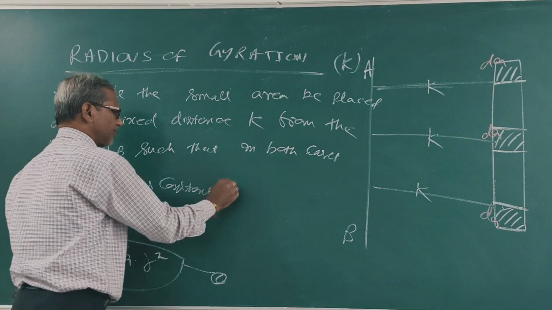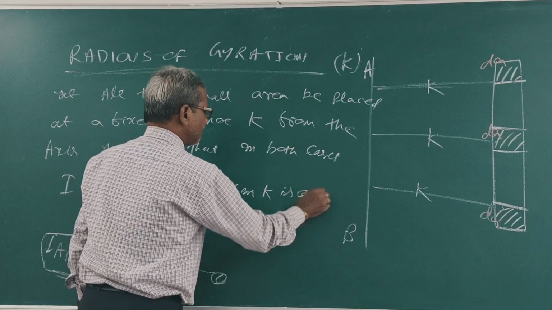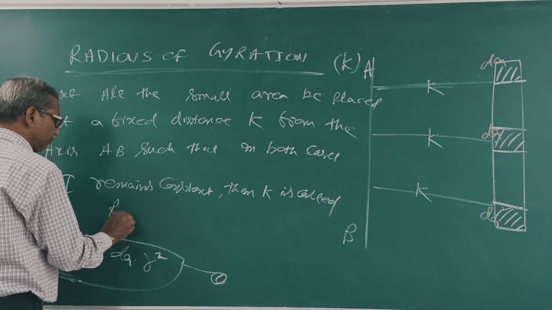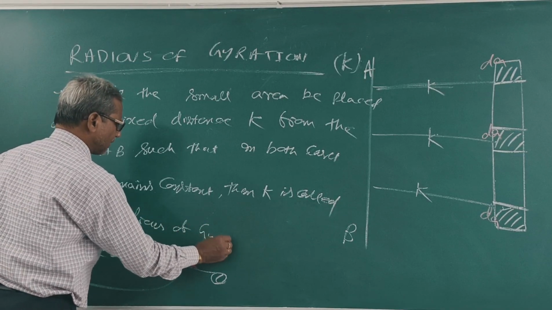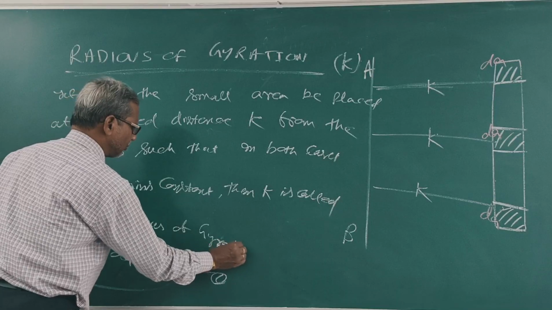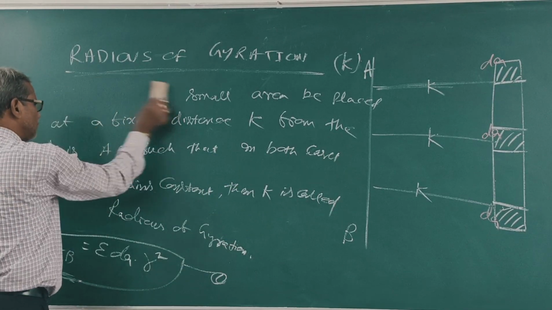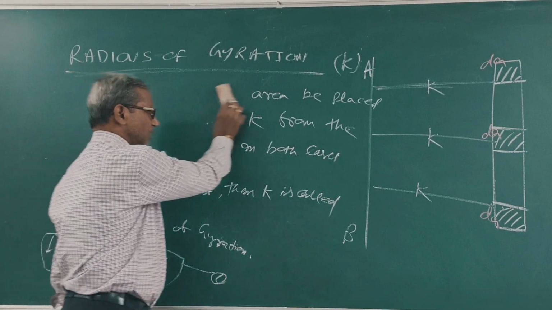Then k is called radius of gyration. Clear? So how to define? First find out the formula, then I will define what k is. Understand?